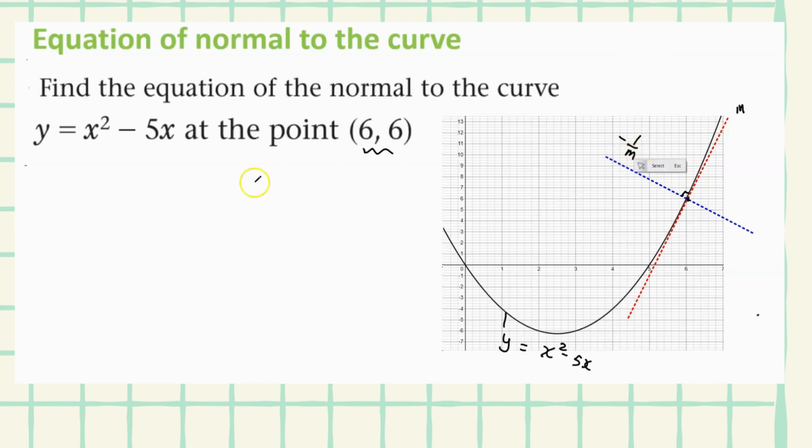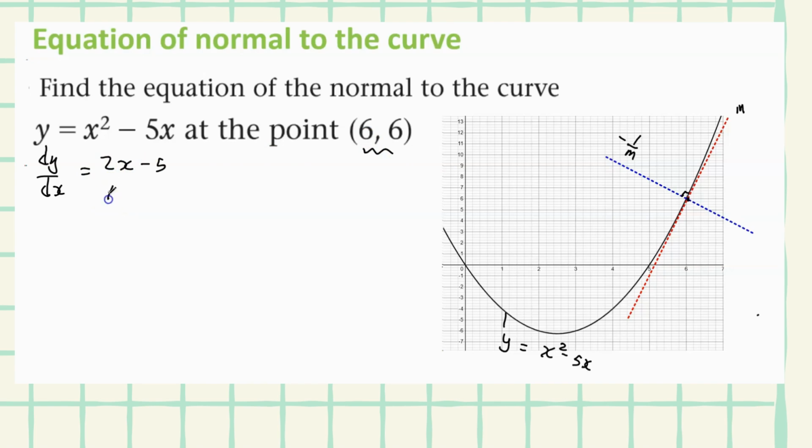So let us first find the gradient of the tangent, which we can do using calculus. So dy by dx equals 2x minus 5. At the point x equals 6, we can find the numerical value of the gradient.